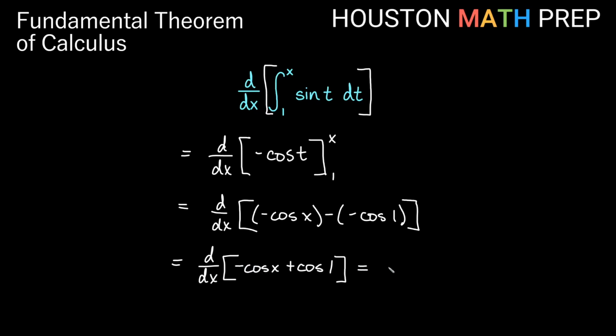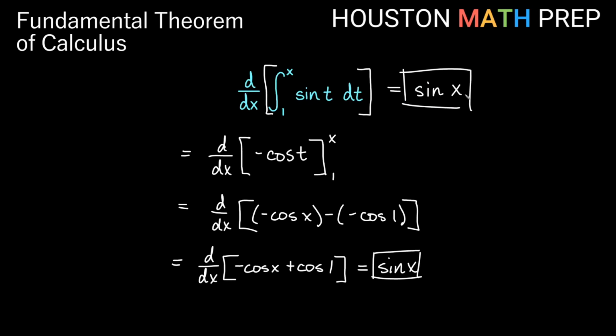So the derivative of negative cosine x is sine x. And what do we get when we take the derivative of cosine of 1? This is just some number, and the derivative of just some number is 0, right? So we actually get sine of x. So the derivative of this definite integral with sine of t in it, dt, taking the derivative with respect to x, we get sine of x.